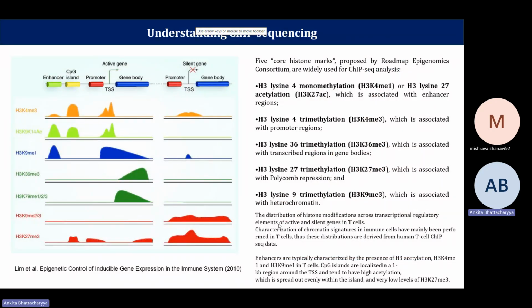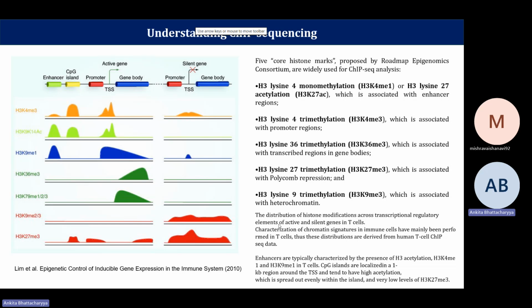So these are the 5 core histone marks which were proposed by Roadmap Epigenomics Consortium and are extensively used for ChIP-seq analysis. What are these? First, you have H3K4ME1 and H3K27AC, which are associated with enhancer regions. So this is sort of an activation mark.